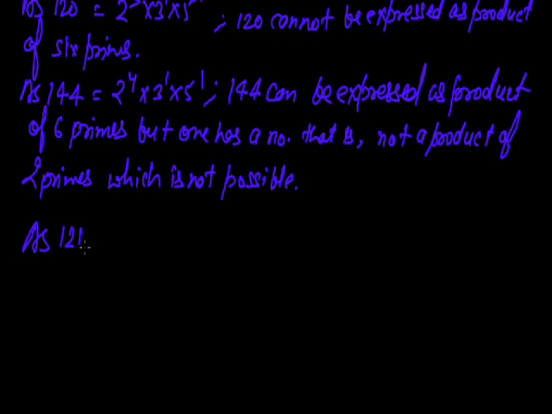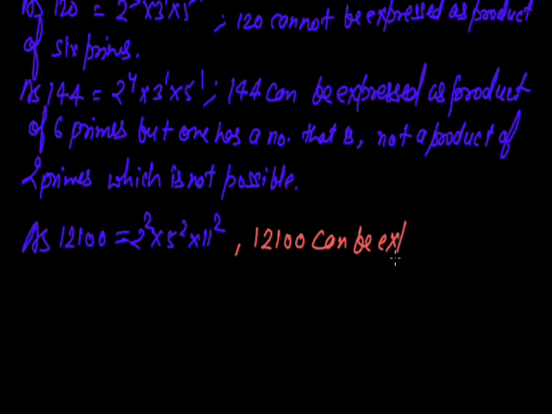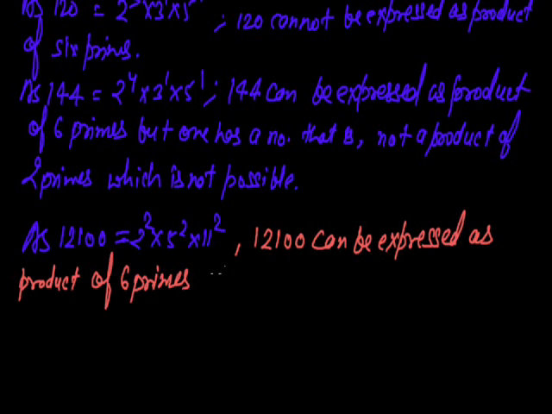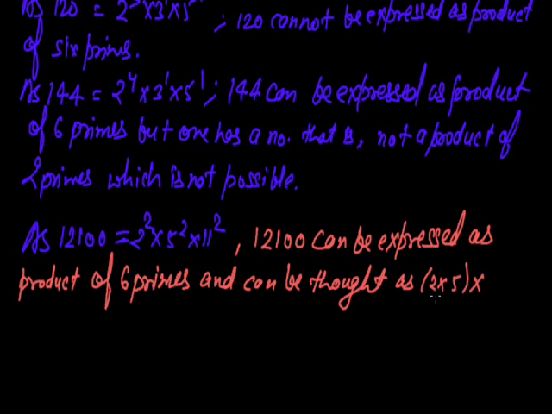Now 12100 is equal to 2 square into 5 square into 11 square. Now 12100 can be expressed as a product of 6 primes and can be thought of as 2 into 5 into 5 into 11 into 11 into 2.